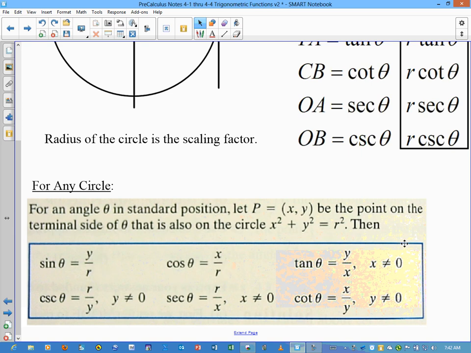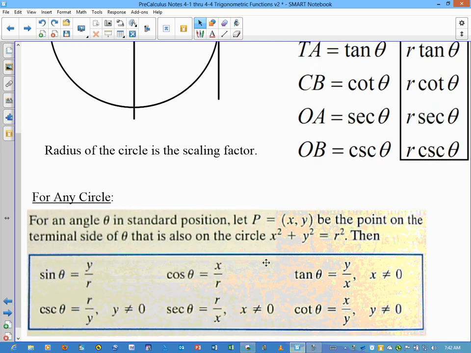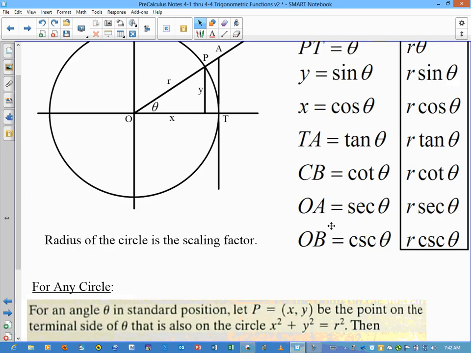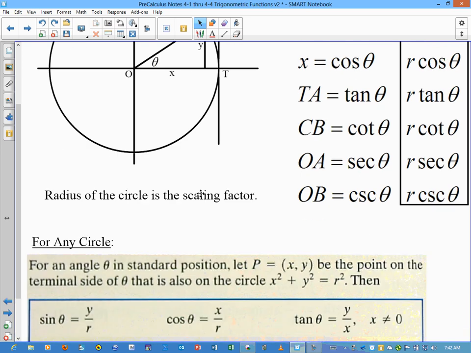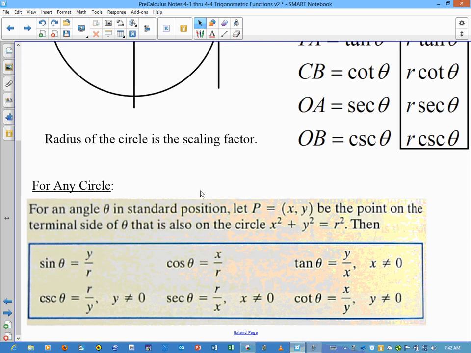But again, these just fall right in line with what we've been doing, because notice here, if I multiply both sides of this equation by r, you're going to have y equals r sine theta, which is exactly what we already determined. So there are many different ways to calculate the sines and the cosines. I want you to have more than one way to fit the situation that you're in.